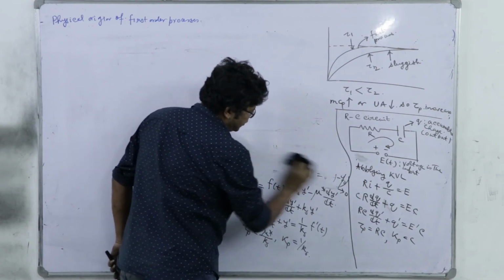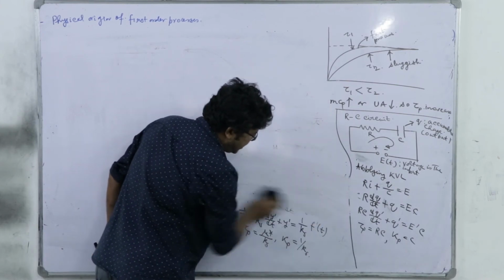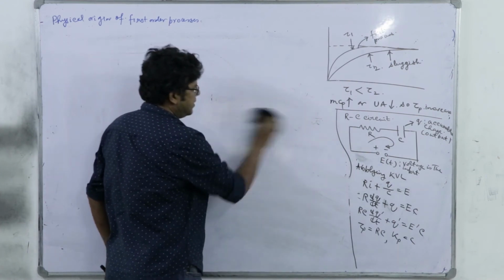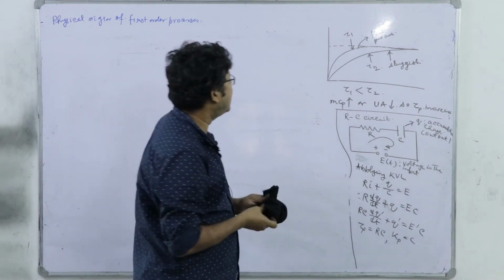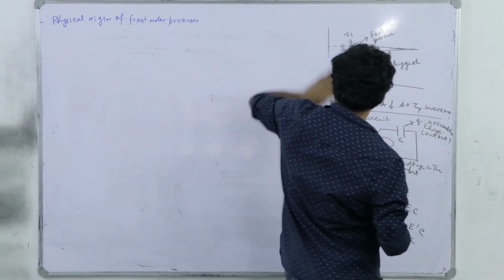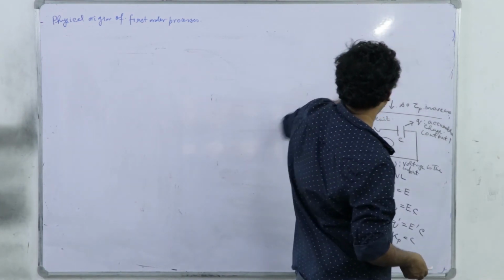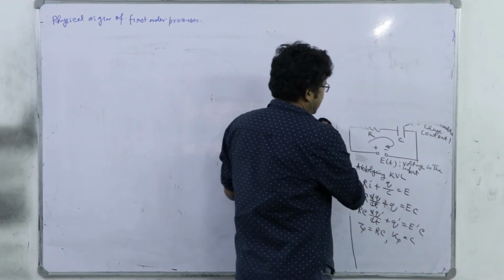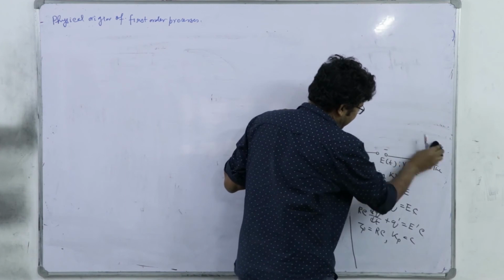Ohm's law means potential difference divided by resistance is equal to the rate. In this tank the potential difference is H, because inside the tank the level was H and outside the level was 0. So the difference is H minus 0, which equals H, and the rate was F, which is H divided by R.